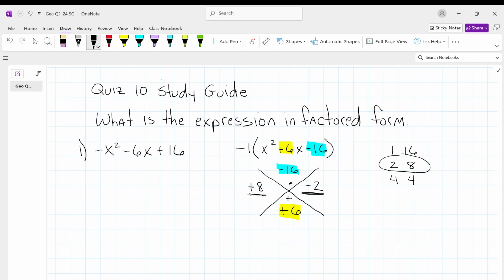So +8 times -2 is -16. +8 plus -2 is +6. So our factors are x plus 8 times x minus 2. And don't forget to put the negative sign out in front that we got from right there.